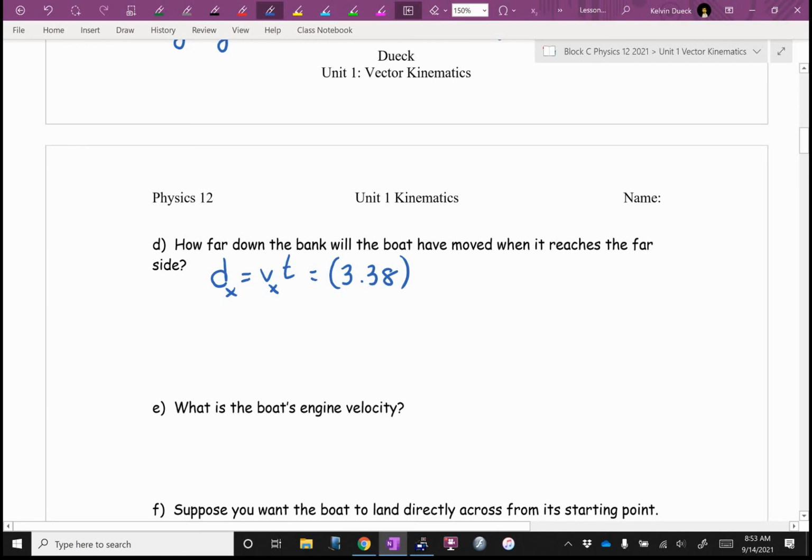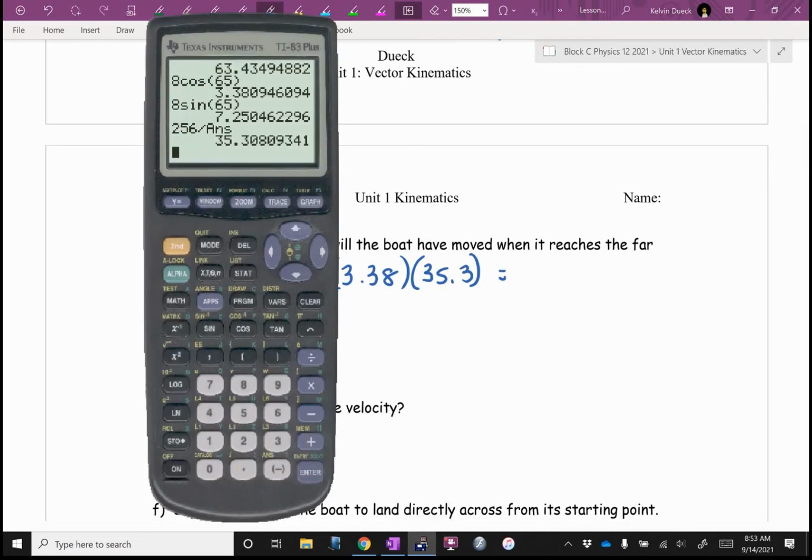Or do I? Isn't the time that it took to go across the same amount of time it was drifting downriver? That's why I had to go in this order. So I can use 35.3. I'll use my answer button because it's sitting on my calculator. 3.38 times answer button. 119? Yep.